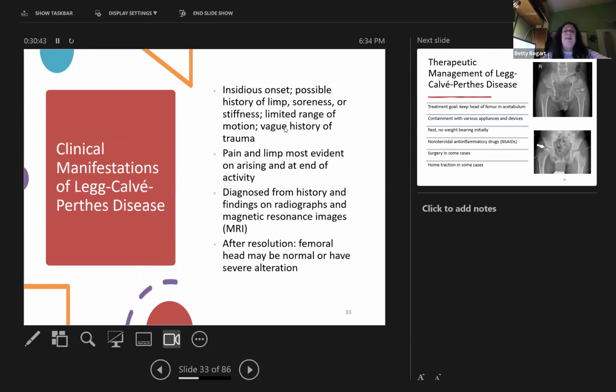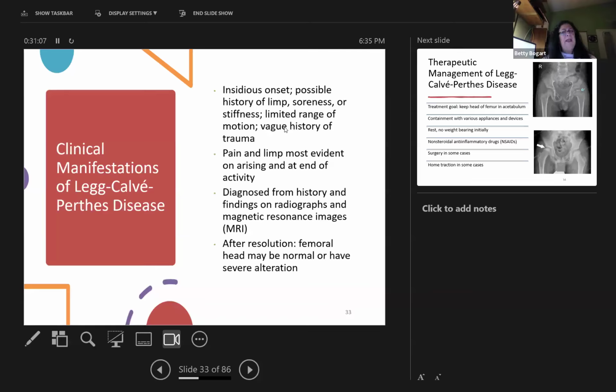Usually, we see these children, and the way that we diagnose them is these kids all of a sudden are limping. They are stiff, sore, complaining they can't move their legs, the range of motion is decreased. And this kid doesn't go out and play. There's no injury, nothing's ever gone on.